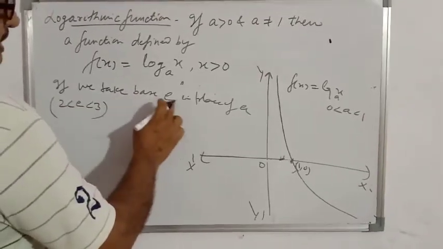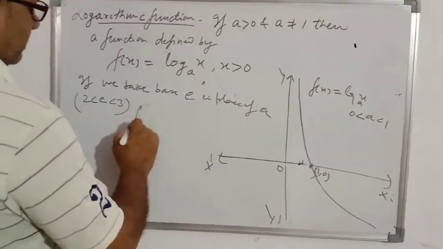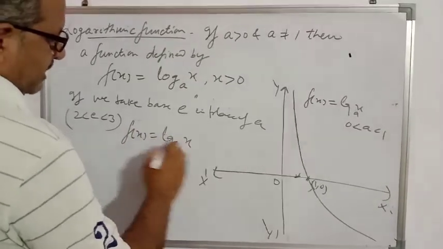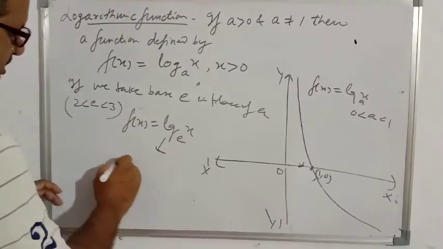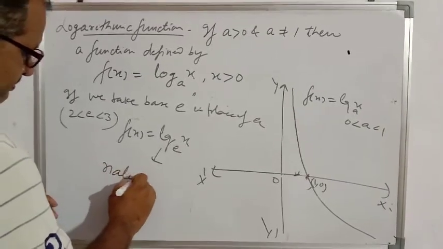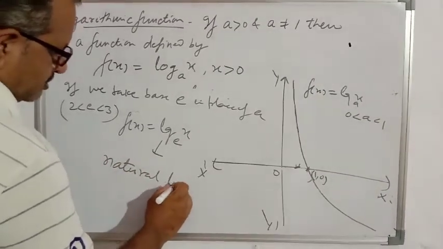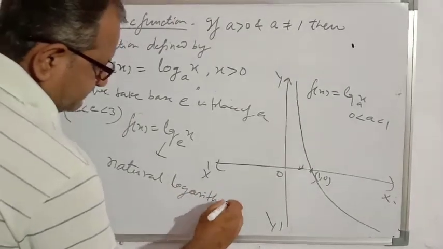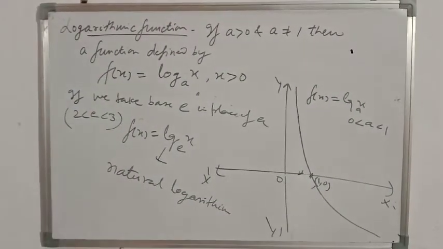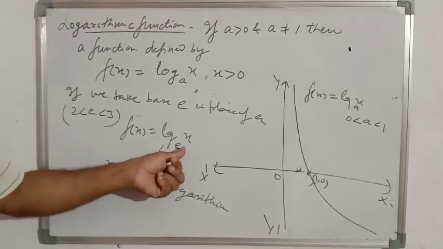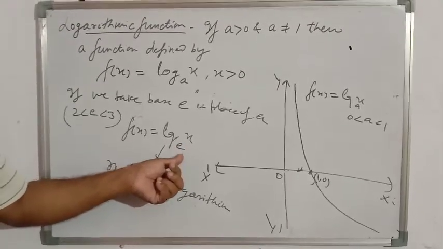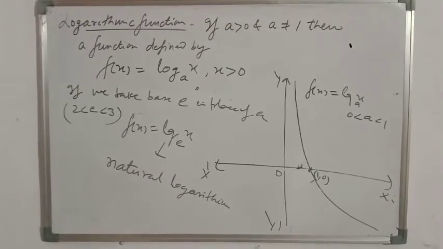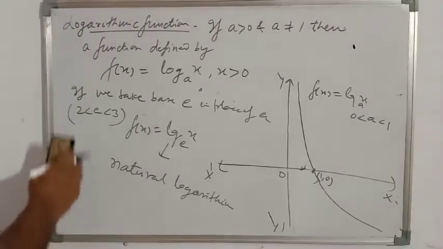So if we take base e in place of a, then we write f(x) = log x at the base e. It is called the natural logarithm. So if no base is given in the question, we will understand that the base is e. So that was the logarithmic function.